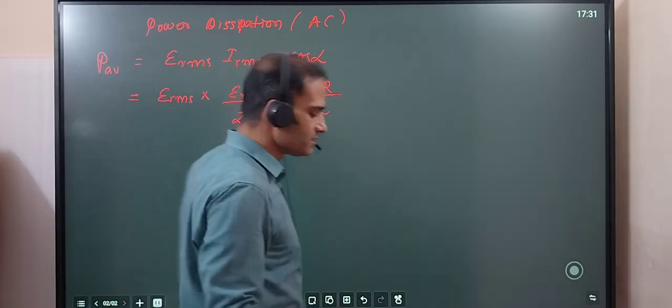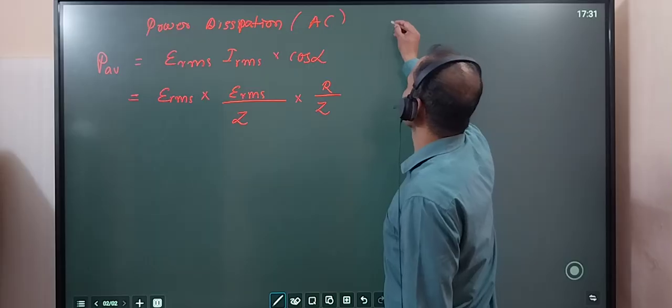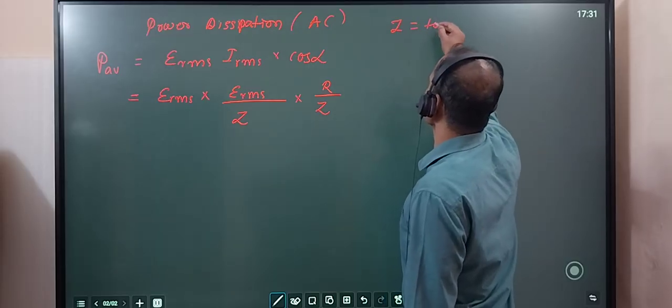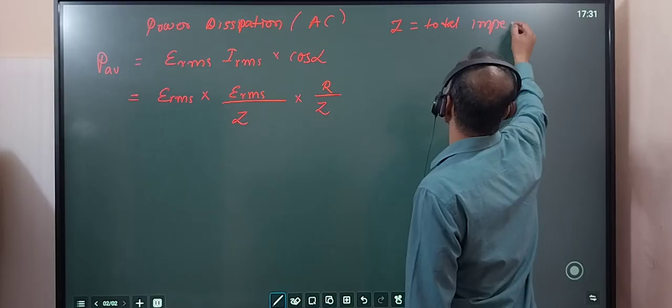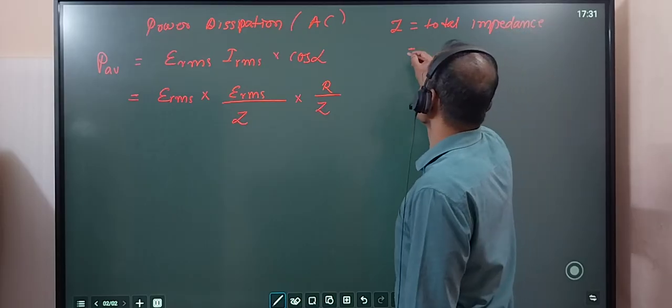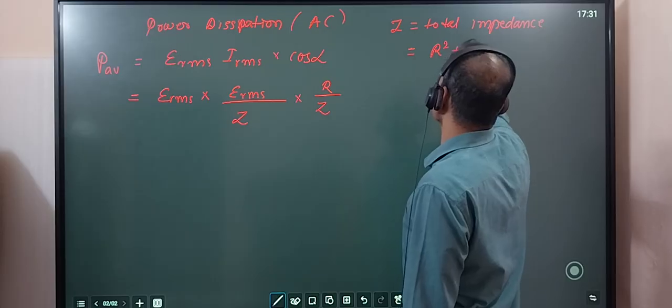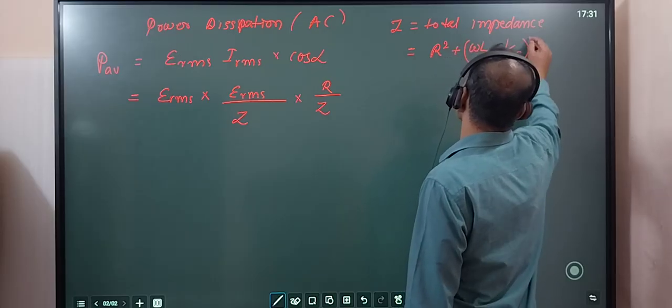I will write these things here also. Basically, Z is the total impedance, and its value will be the square root of R square plus omega L minus 1 by omega C, the whole square.